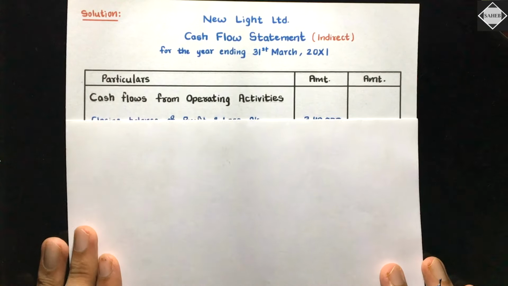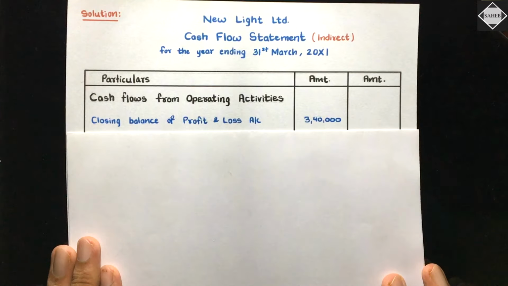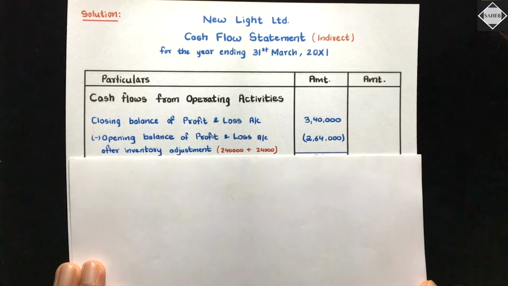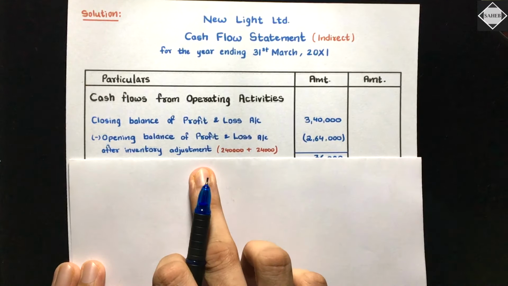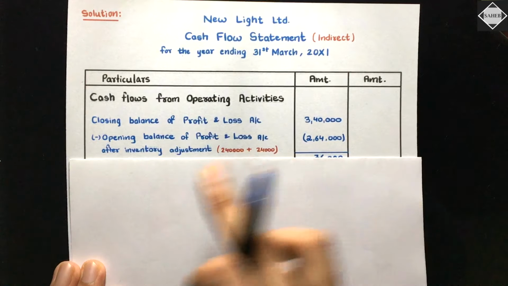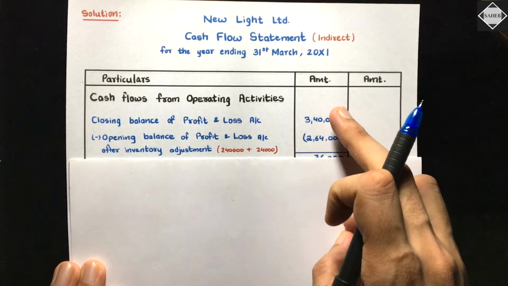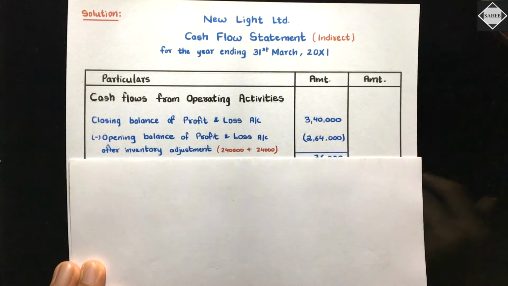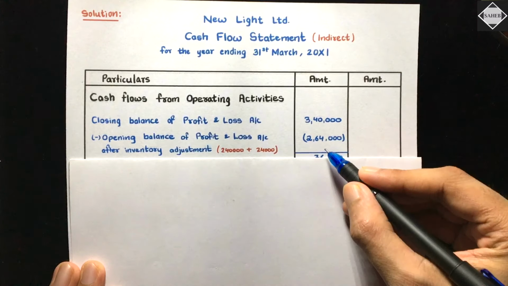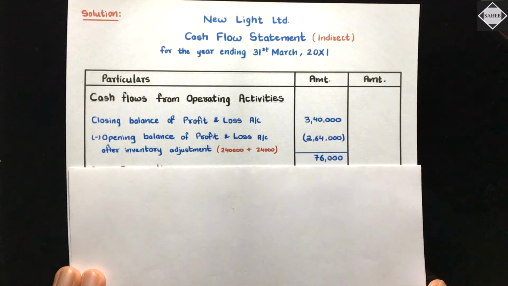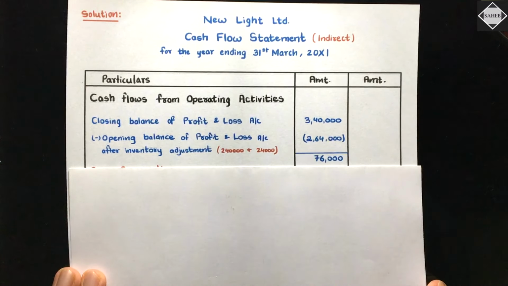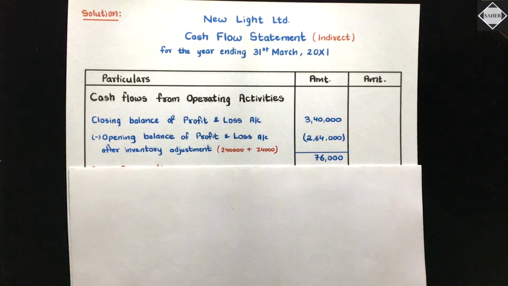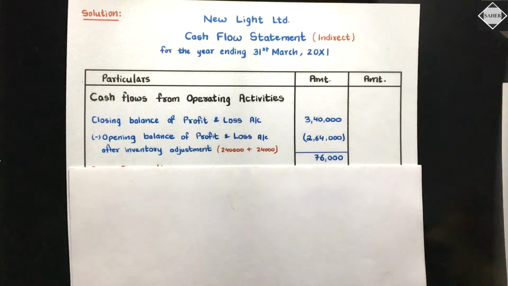Retained profit. See here, closing balance of profit and loss minus opening balance of profit and loss account after inventory adjustment. You have to write that because you have made a change over there, isn't it? So you have to notify the examiner that you have done it. 3,40,000 minus 2,64,000 is equal to 76,000. Is it clear? Simple. Then, as per the format, we reverse all the appropriations.